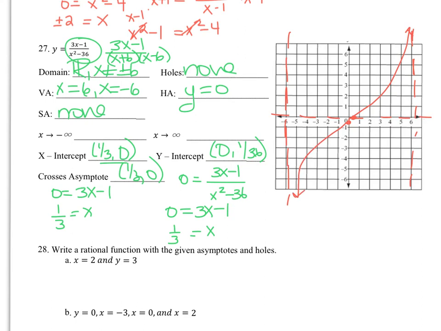Then if I plug in -7, 3 times -7 is -21, so that's -22 over a positive number, 49 minus 36 is 13. So negative over a positive is negative, so that's down here. Then I know it's going to be up here when it's positive. But if you didn't know that, you could also have plugged in +7.